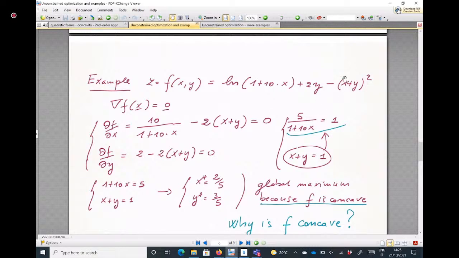Clear? What about this? (x plus y) squared. Try to expand this. x squared plus 2xy plus y squared. This is a quadratic form. So by exercise, you should try to understand what is the matrix associated to this quadratic form. (x plus y) squared, you can prove it very quickly by looking at the matrix, is positive semi-definite.